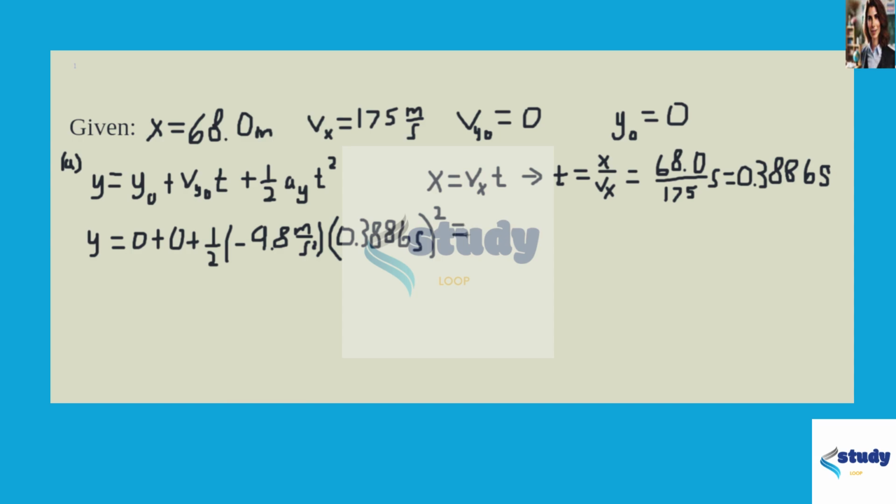If you do this, you find this comes out to be minus 0.740 meters. So it lands 0.740 meters below the target. That's how far it misses by.